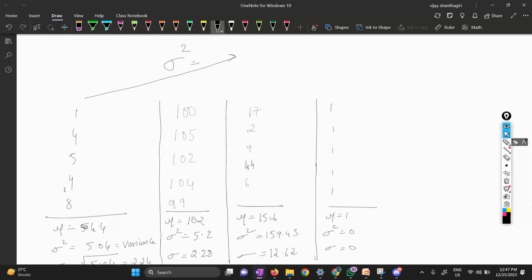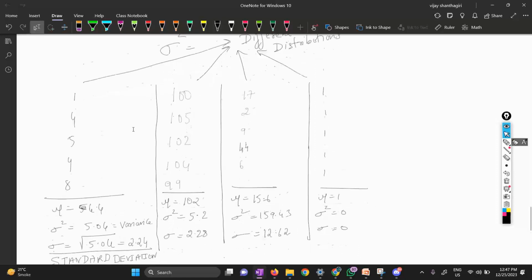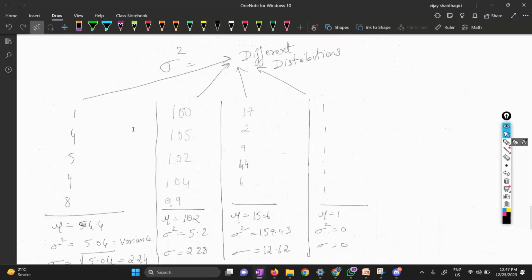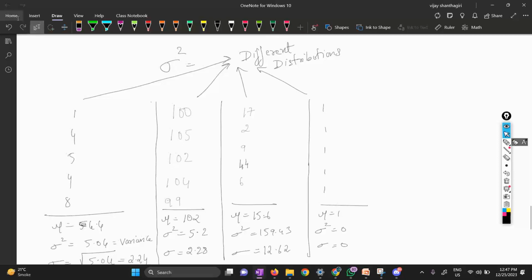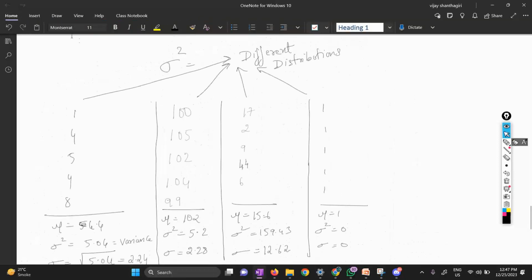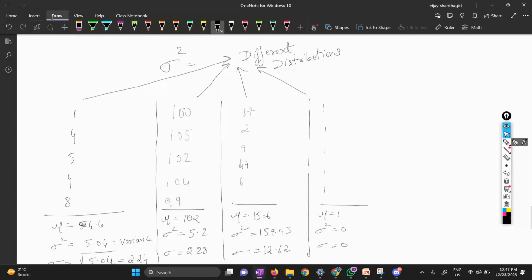So for different distributions, you can see that there are different means, there are different variances, there are different standard deviations.